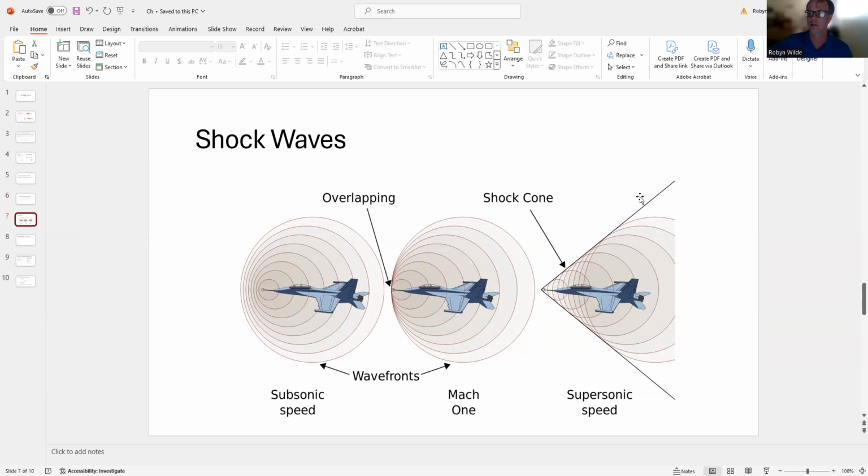So if you're floating on the water, right, as that wake passes you, you'll bob up and down a lot, because it's exactly the same thing. You're getting a large amplitude due to that wake having constructive interference along that shock cone. All right, so that's the idea of shock wave.